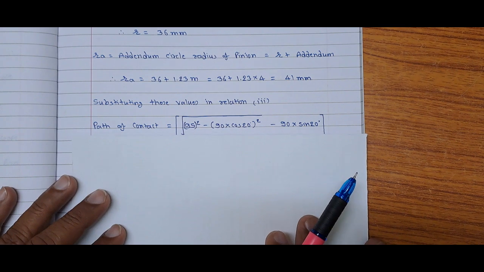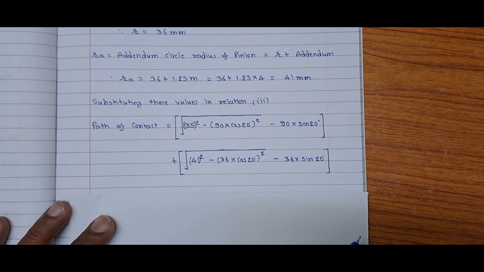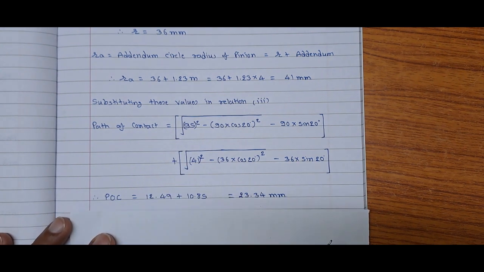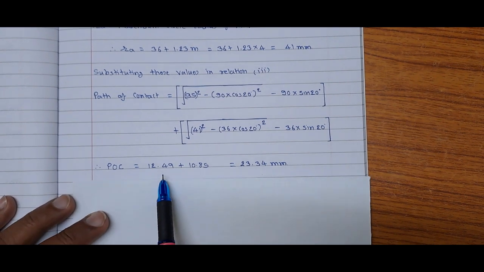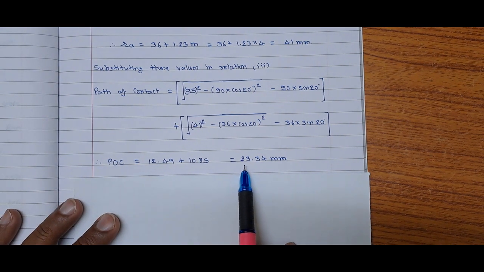So substituting these values in relation 3, we found that path of contact is equal to, on calculation, 12.49 plus 10.85, is equal to 23.34 millimeter.